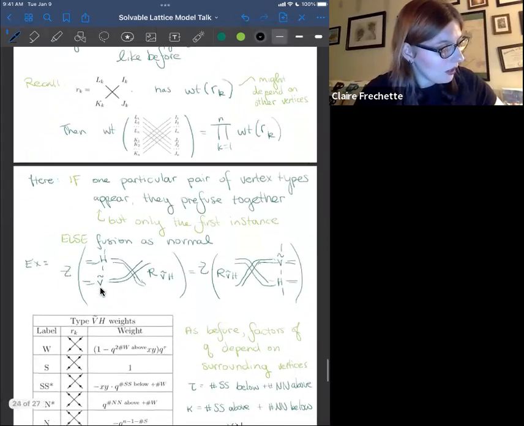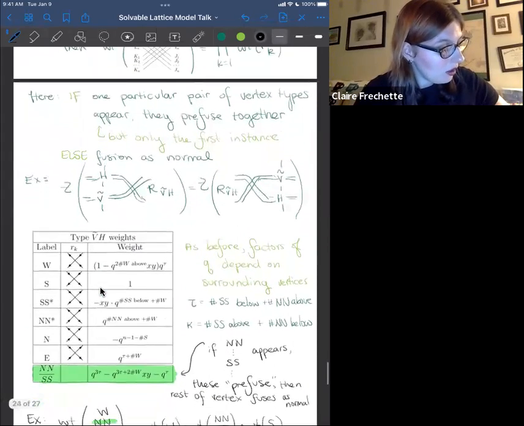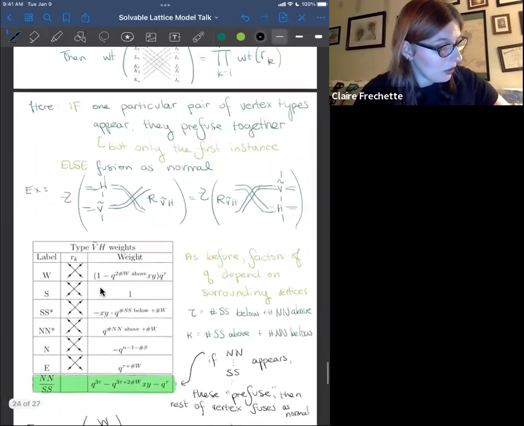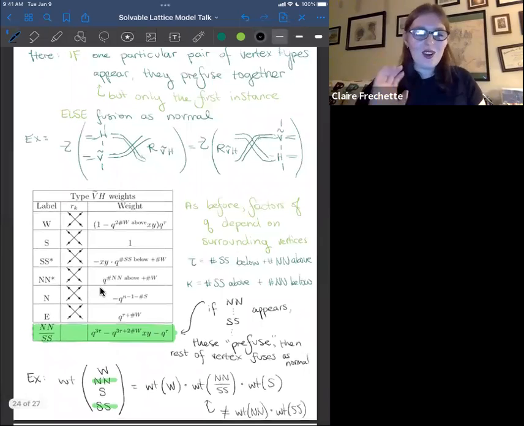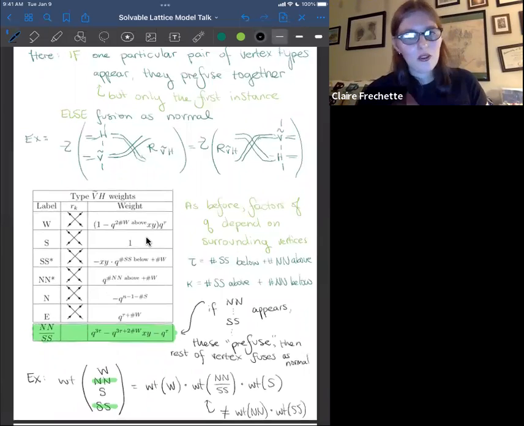So my example that I'm going to do here, because showing you the weights for all of these would be a lot. They're not particularly nice, but they're also not particularly nasty. They just have a lot of parameters you have to keep track of.